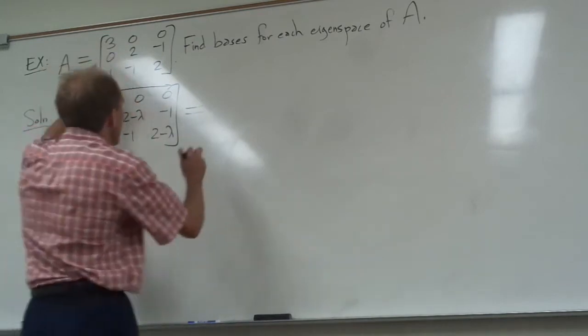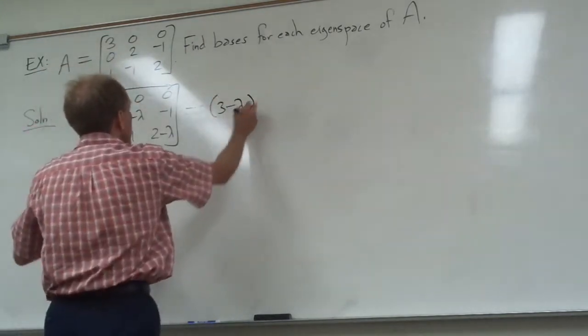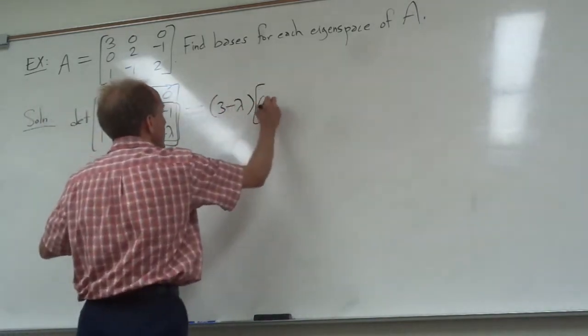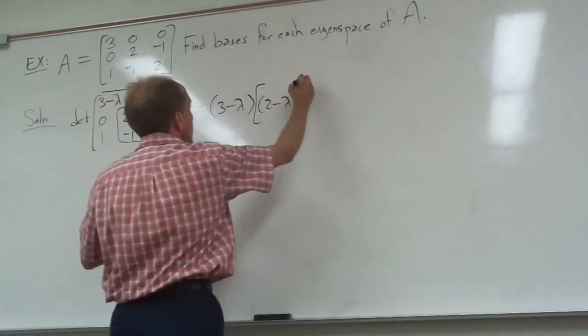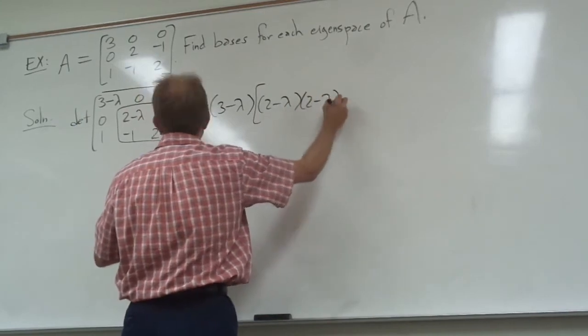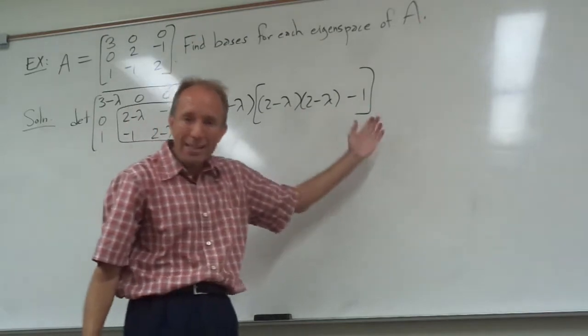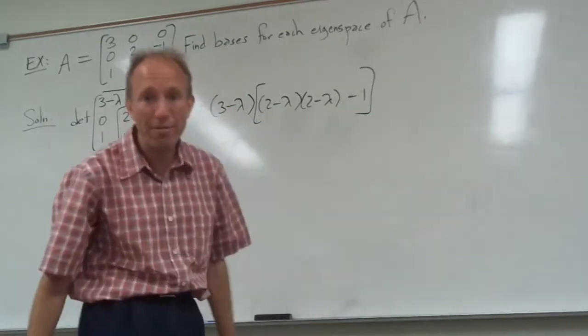I can expand along the first row, and I'm going to get 3 minus lambda times the determinant of this little 2 by 2 submatrix. So that's 2 minus lambda times 2 minus lambda, and then minus 1. The reason that that is so nice is that it's already partially factored.